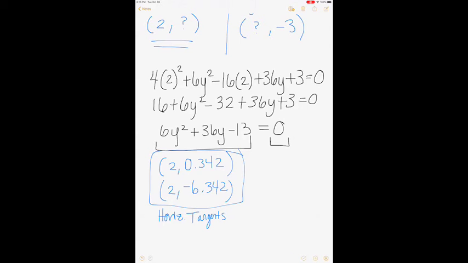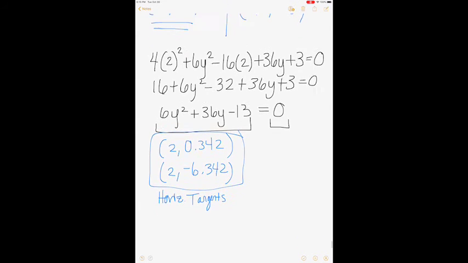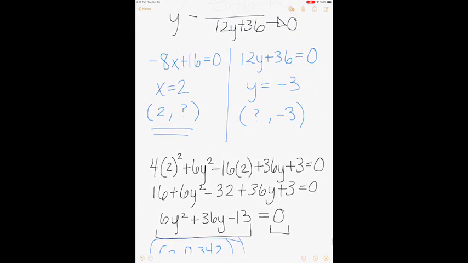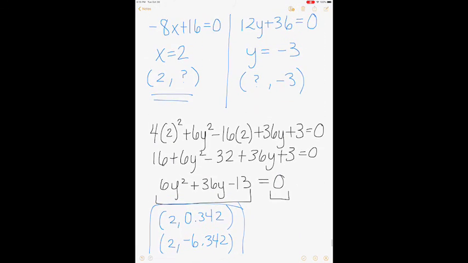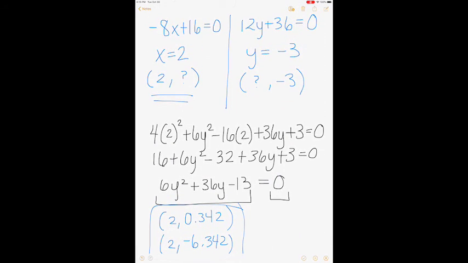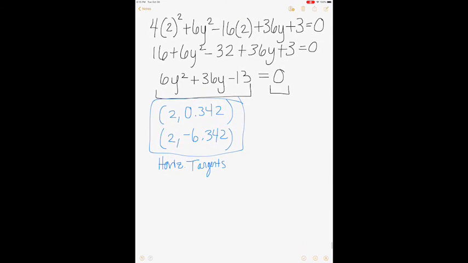So for the vertical tangents, I'm going to set the denominator 12y plus 36 equal to 0, which I already did, and I got negative 3. So I need to go back and plug in negative 3, but this time plug in negative 3 for y and simplify. So that's going to be 4x squared plus 6 times negative 3 squared.